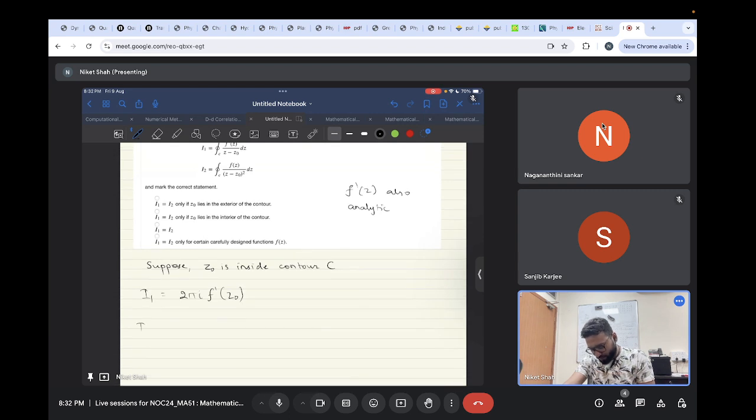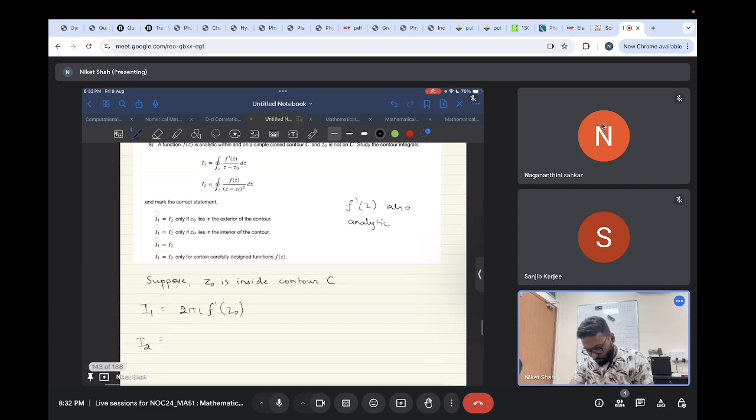What about I2? In the same scenario, it is z minus z0 squared, which is z minus z0 raised to n plus 1. So n becomes 1.